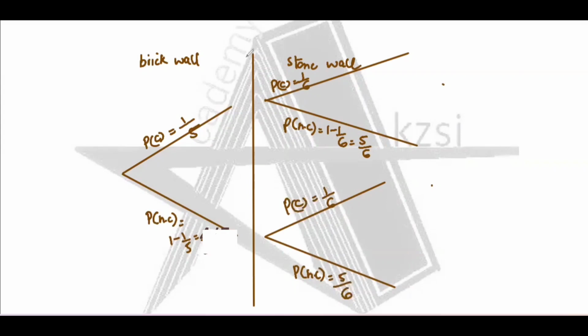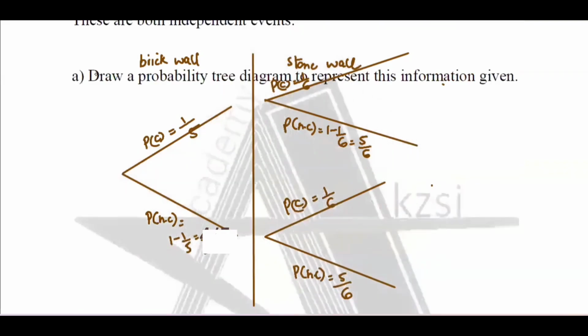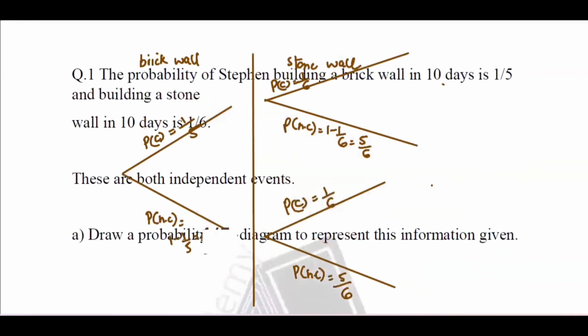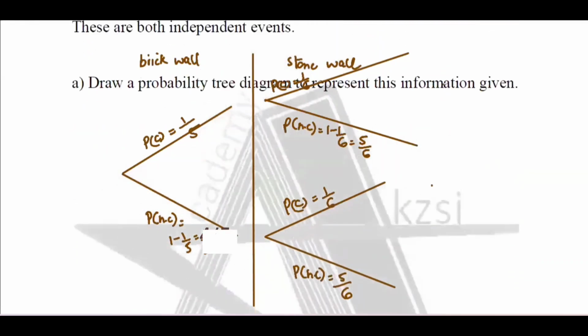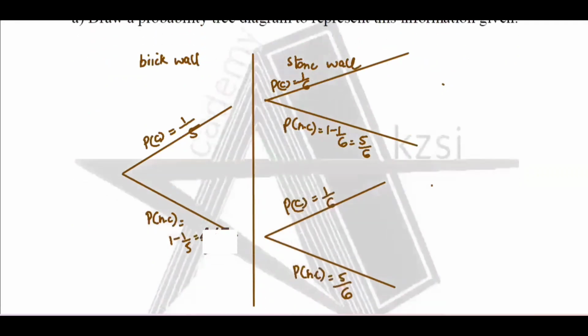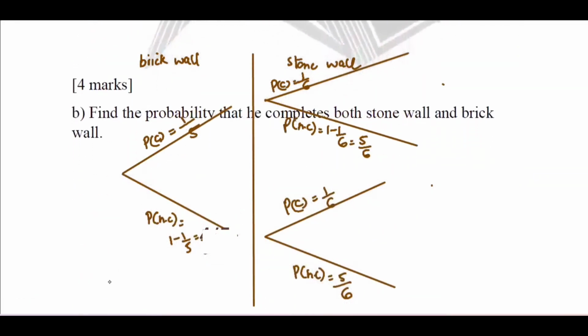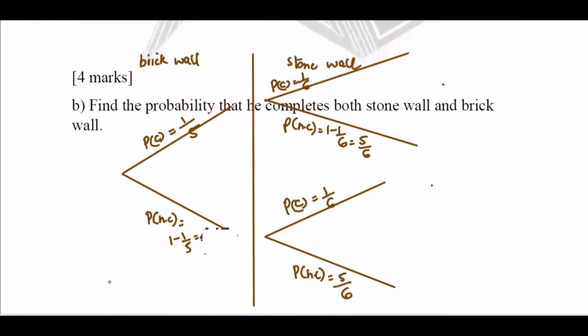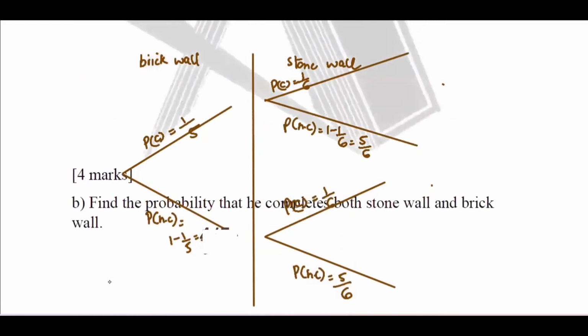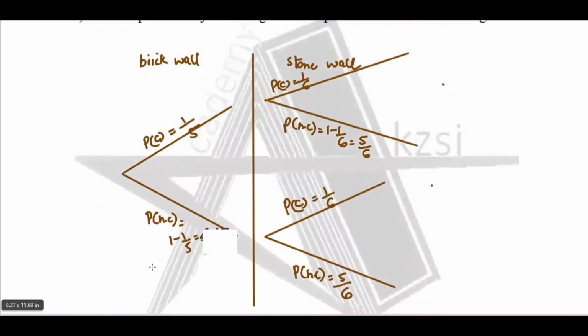Now let me see the questions. Now the question says, find the probability that he completes both stone wall and brick wall. So what's the probability that he will complete both the stone wall and the brick wall? So I have to pick that branch where he is completing the brick wall.